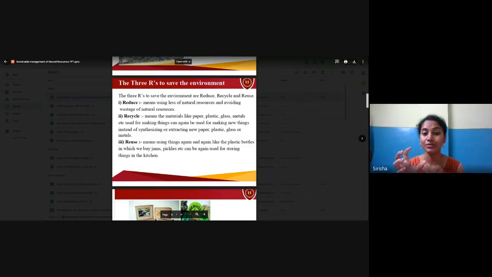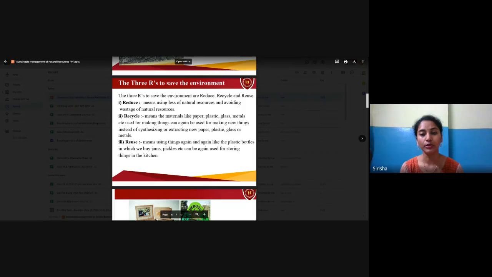That is, first is reduce. We have to reduce the natural resources utility in our daily life, and we have to educate the illiterates about these natural resources and about population explosion as well, and recycle the natural resources. And reusing means using things again and again, like plastic bottles.